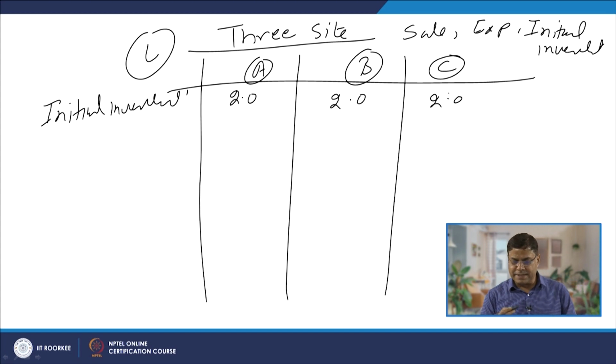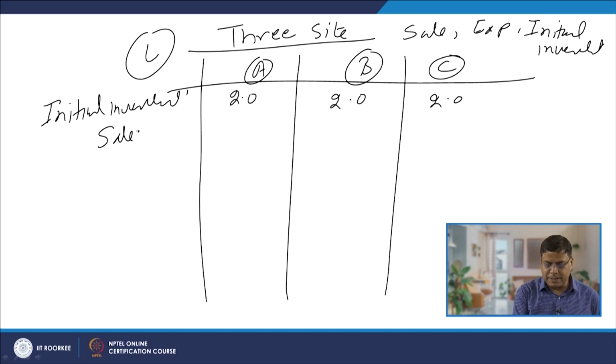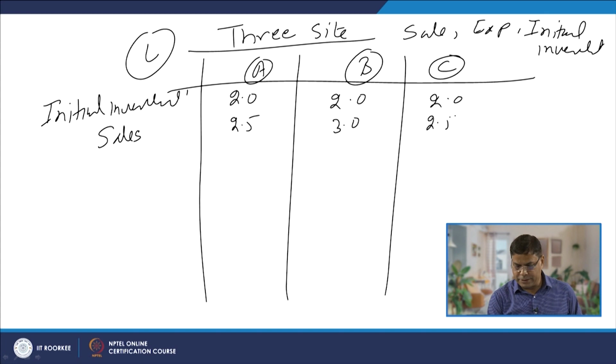But the sale or revenue generated is 2.5 lakhs from A, 3 lakhs from B and again 2.5 lakhs from location C.